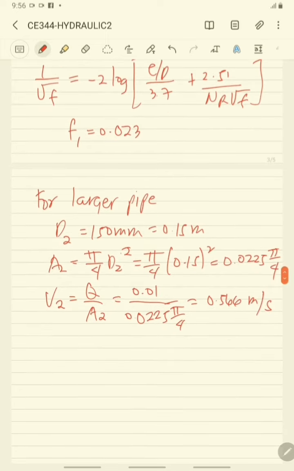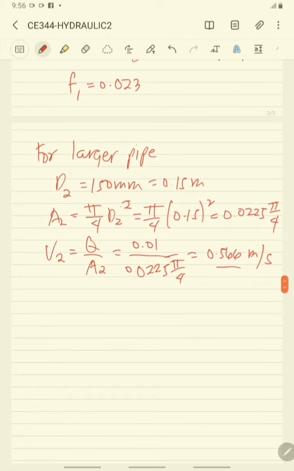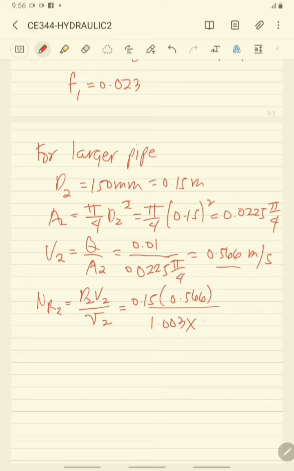So for every parameter, we have to round off our value up to 3 decimal places. Then the Reynolds number: you have 0.15 times 0.566 divided by 1.003 times 10 to the negative 6.